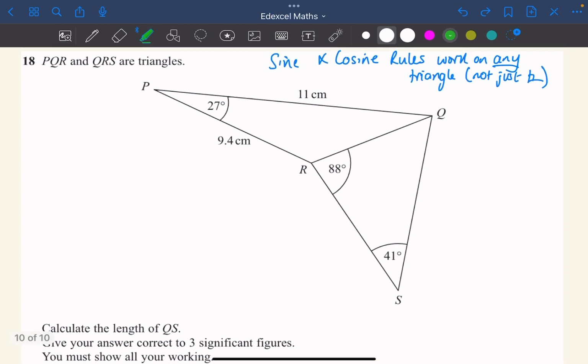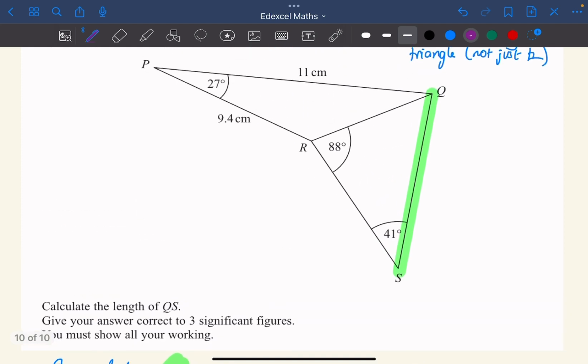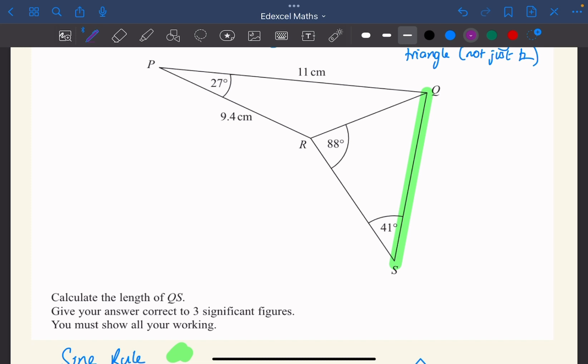So if we look at this, our goal is to find this length QS. That's what we're trying to find. To find that, we need to use these rules. Let's just look at this triangle here. Could we use the sine rule?